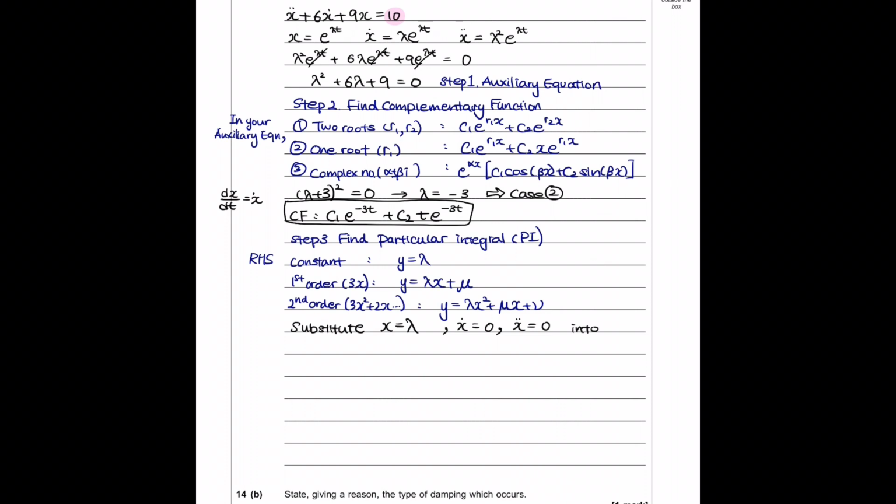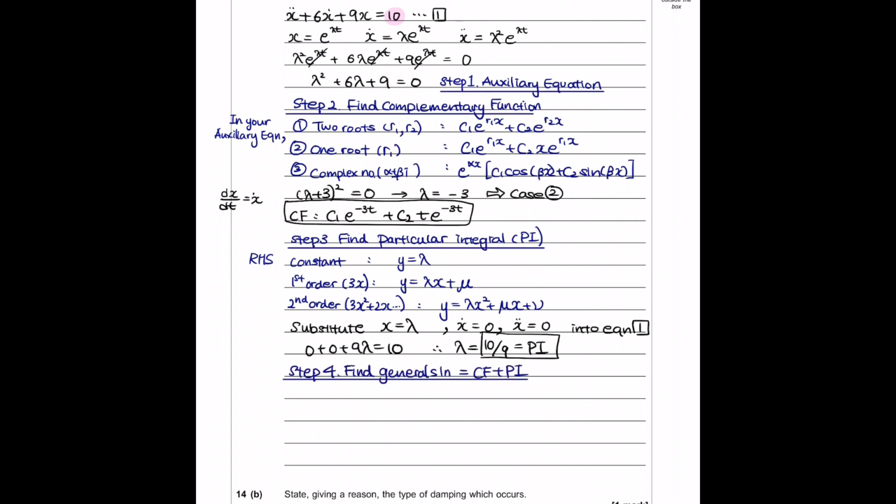We found all the derivatives of our PI, and then we're going to substitute this into equation 1, which is our very original differential equation. Then it will give you 0 plus 9 lambda is equal to 10. Therefore, our lambda, which is our PI, should be 10 over 9. And this is our PI.